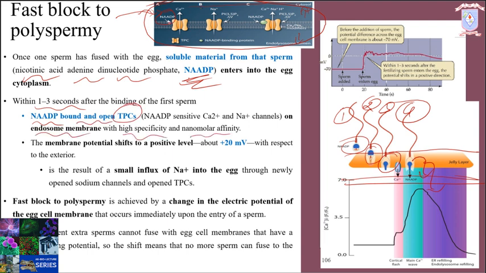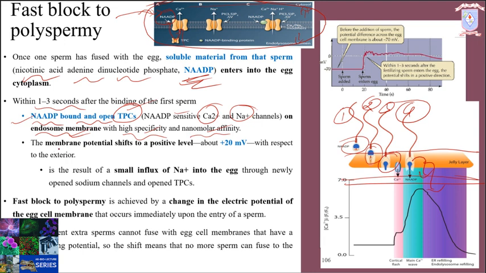So NAADP binds to the TPC, that is a transporter or channel, meaning NAADP-sensitive calcium and sodium channels. TPC is present on the endosome membrane, and NAADP binds to the TPC with high specificity and nanomolar affinity.